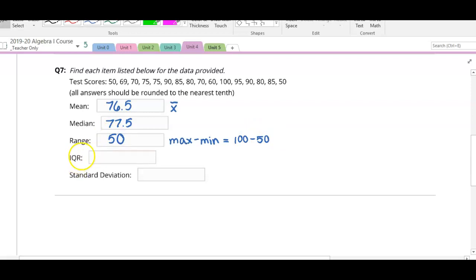The IQR is the interquartile range, which means I want to take Q3, take away Q1. Not the max and the min, but a little closer to the median.